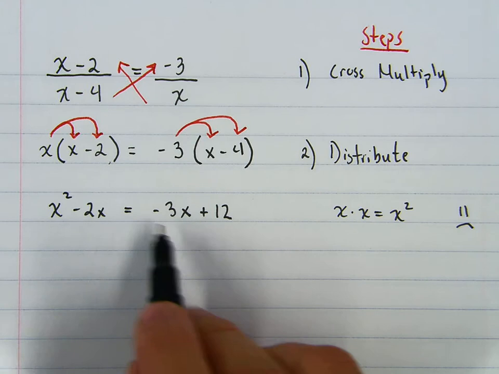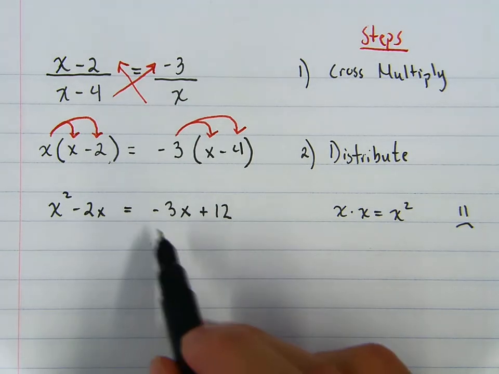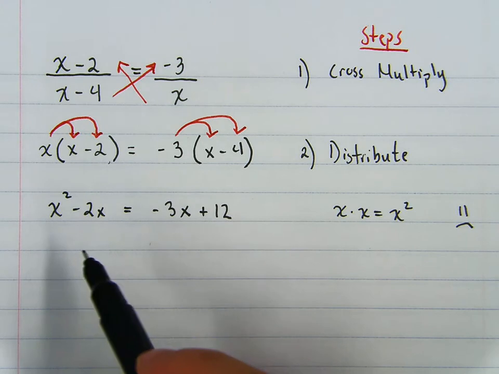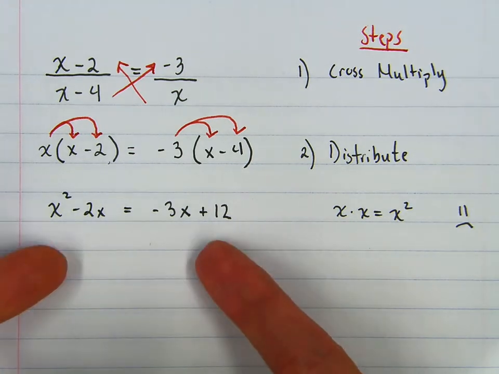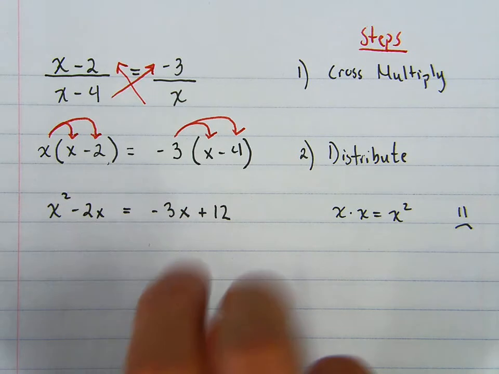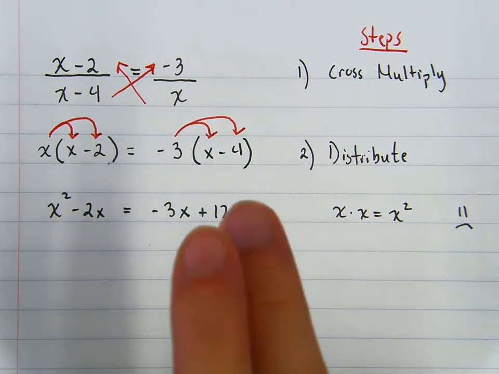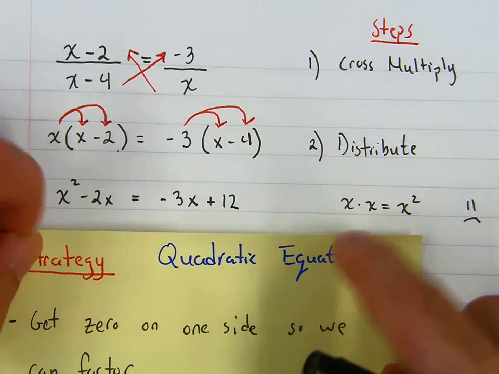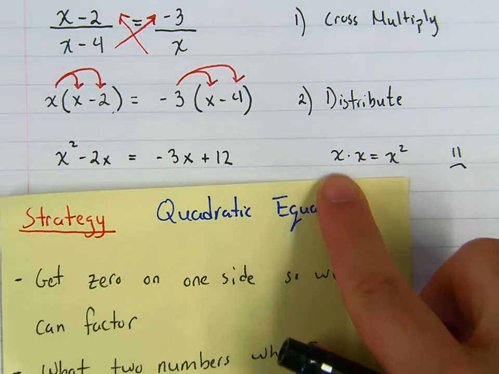They're like, Mister, I have no idea what to do once I get to this point. The tricky thing is, you have to ask yourself, what type of equation do you see? What is the highest exponent you see? The highest exponent is 2. Anytime the highest exponent is 2, we call it a quadratic equation.